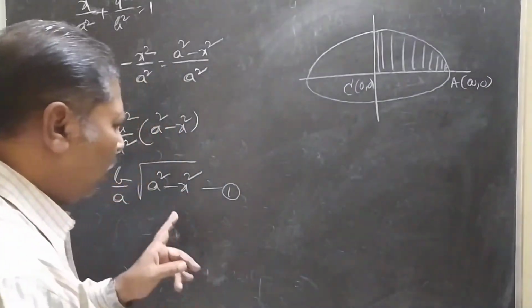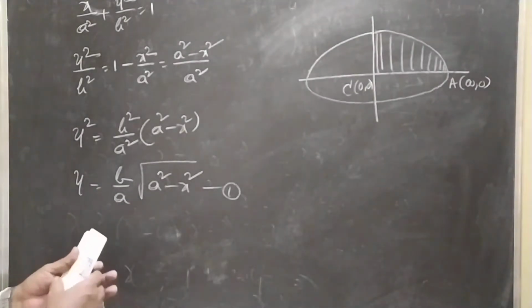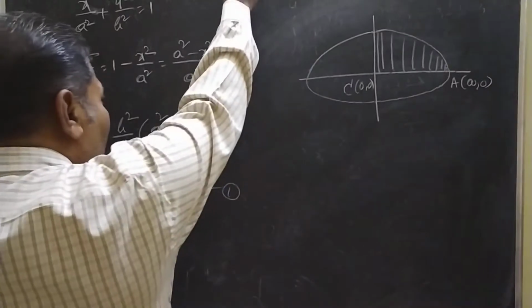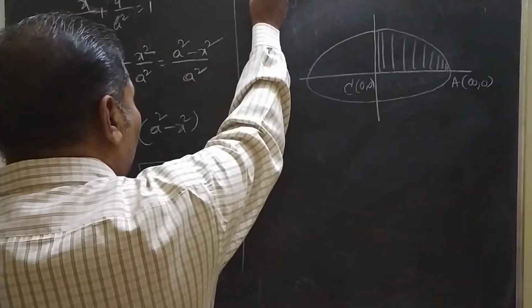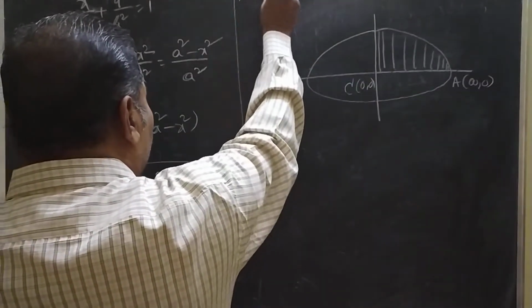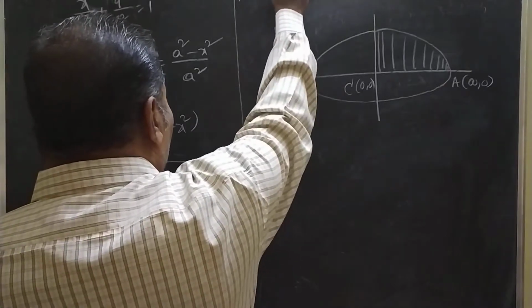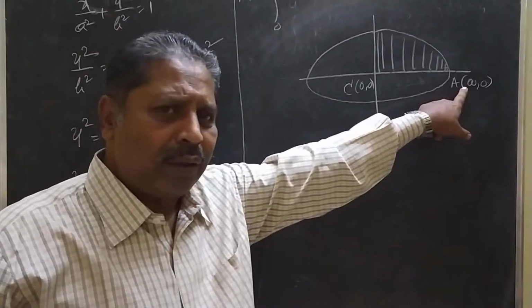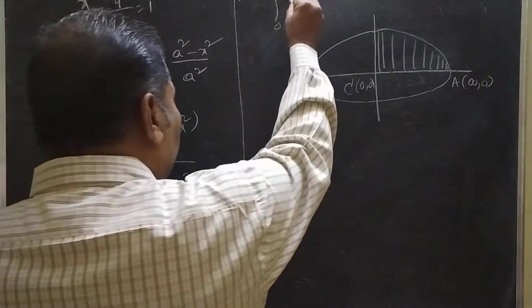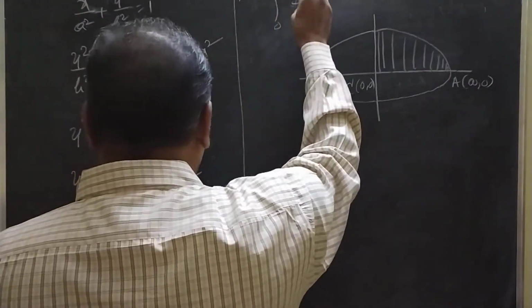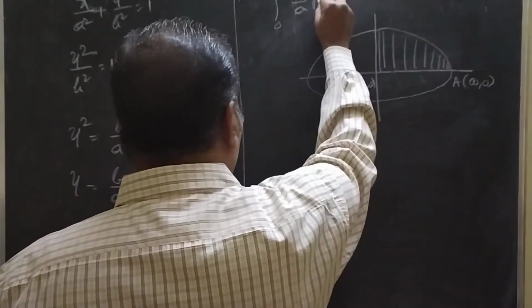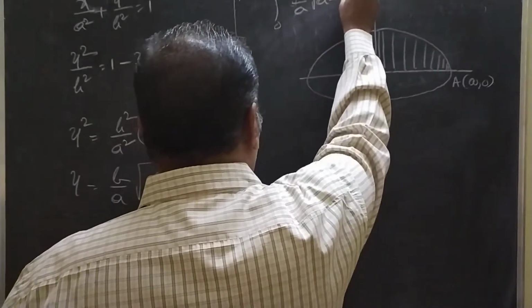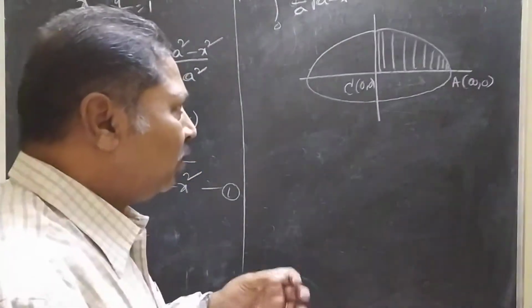So required area is the integral from 0 to a, x value 0, x value a, of b by a under root a square minus x square.